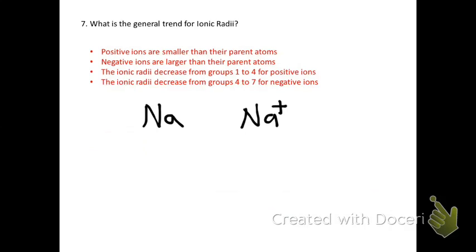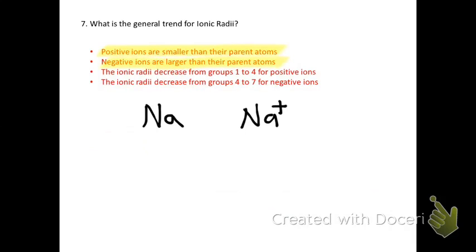So essentially, positive ions are smaller than their parent atoms. I would make a note of this: positive ions lose an entire shell when they become an ion, making them smaller. On the flip side, negatively charged ions are larger than their parent atoms.